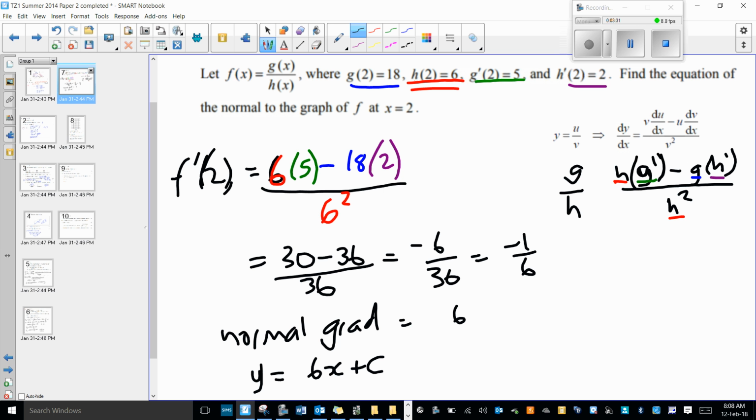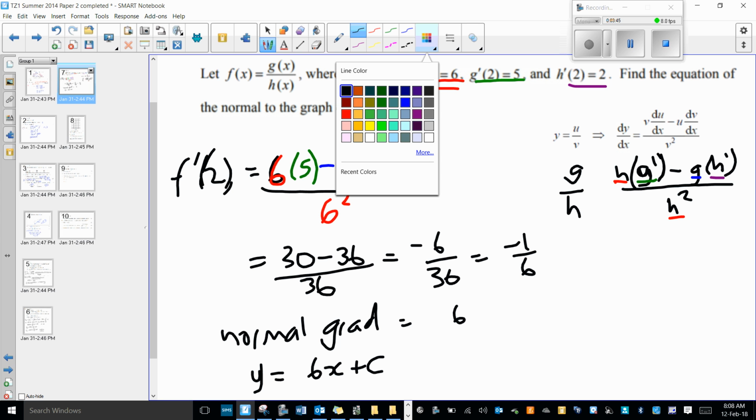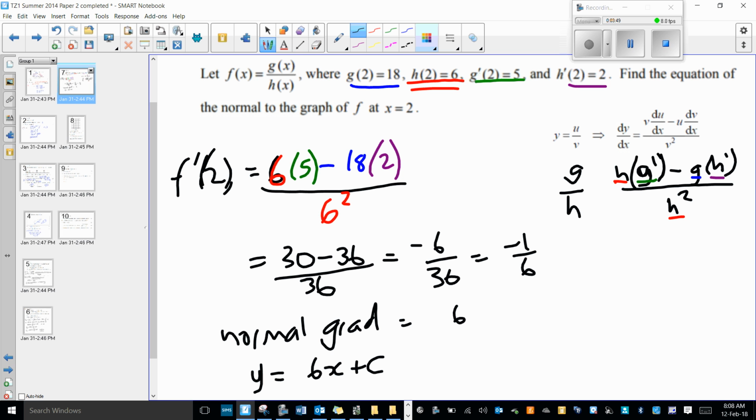So they have told us, when x is 2, f(2) is going to be g(2) over h(2).